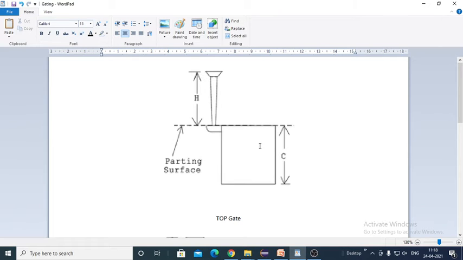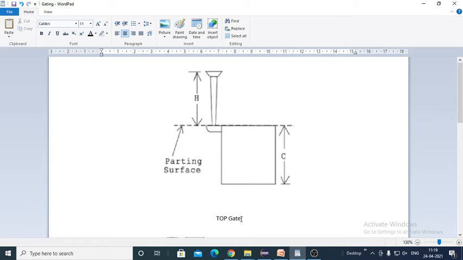Okay, so in this type of gate, the molten metal enters from the top and drops down to the bottom of the mold cavity. If you see, the mold cavity is below the parting surface, and the gate is above the parting surface, which is the top of this cavity. Okay, and this top gate is also called a drop gate. Top gate is also known as a drop gate.